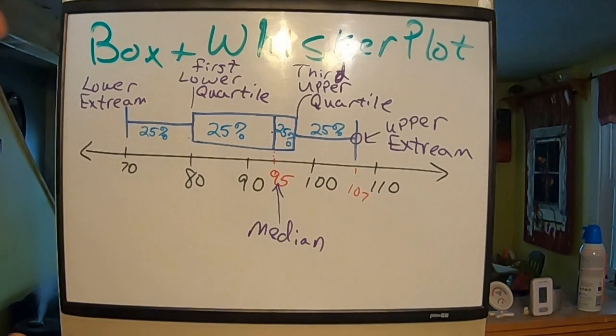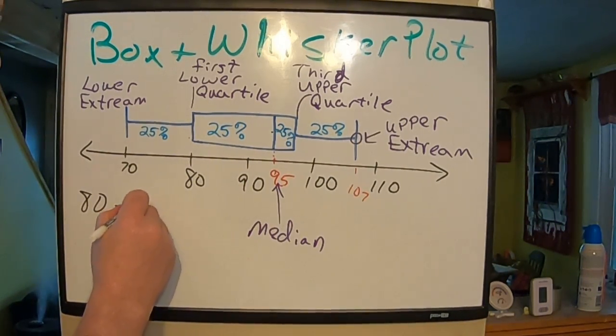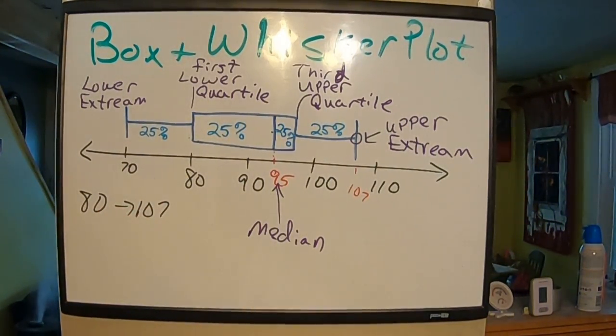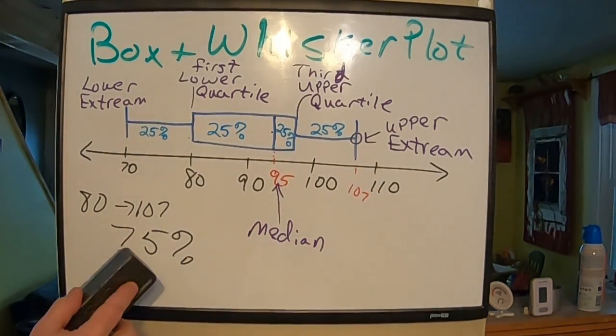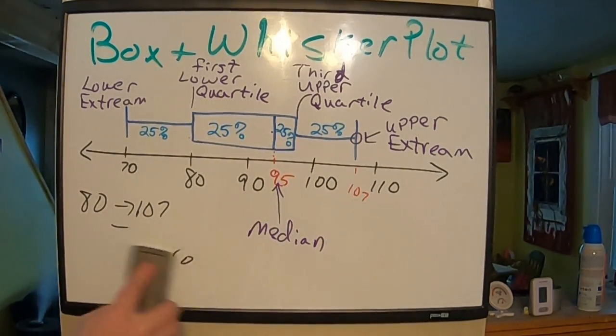If you asked what percent of the data is between 80 and 107, you would say that's 75% of the data. So if you're asked a question about, say, 70 to 90, you can say not enough information to answer, or you could say at least 25%. Those are the types of answers you could give.